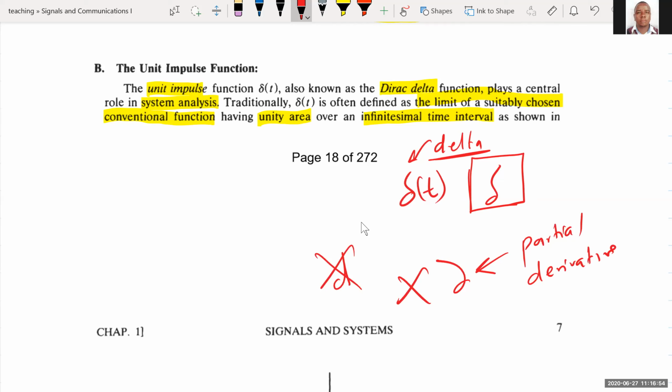So that is the symbol for the unit impulse function, and it is also called the delta function, and it plays a very central role in system analysis. Traditionally, it is defined as the limit of a suitably chosen conventional function having unit area over an infinitesimal time interval, as we are seeing in a diagram here.